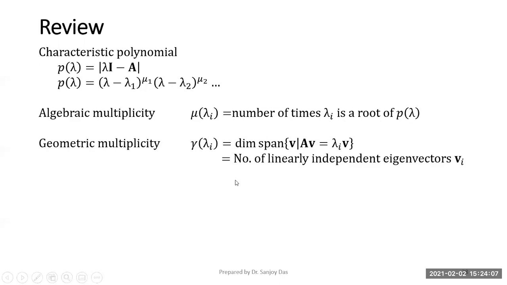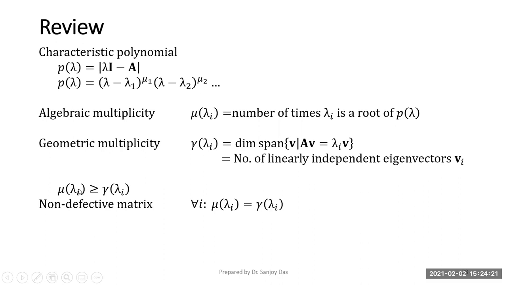The geometric multiplicity is the number of linearly independent eigenvectors. The geometric multiplicity is always less than or equal to the algebraic multiplicity. For a non-defective matrix, for each eigenvalue lambda i, the geometric and algebraic multiplicities must be equal.